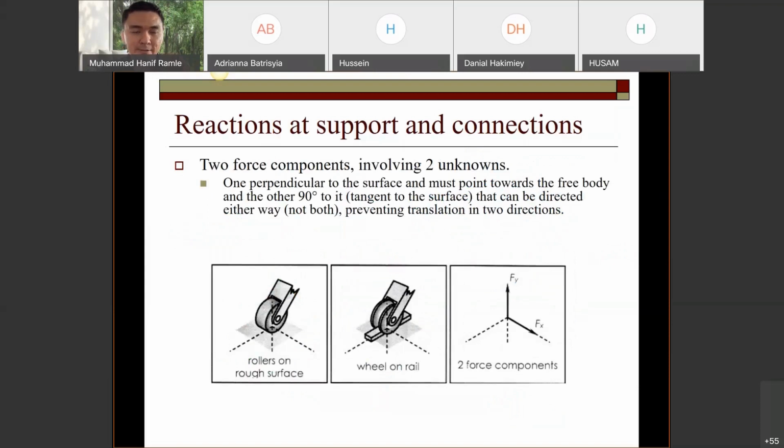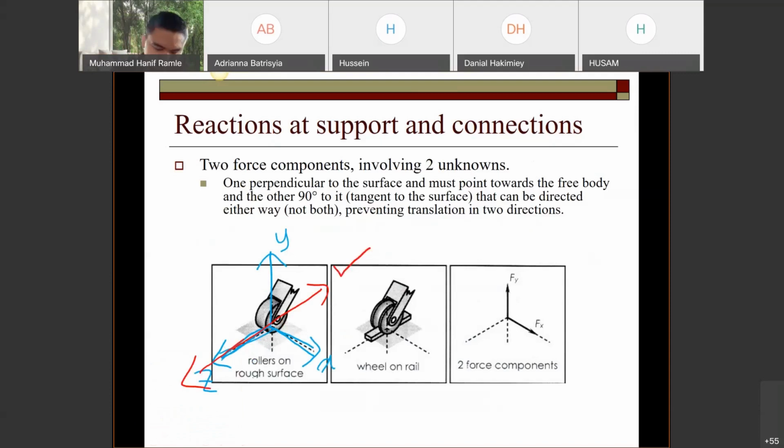So don't read the statement yet. Understand the figure first. We have this roller, and the roller can go in X, Y and Z. Let us determine which direction the roller can go. The Z direction, can it go?